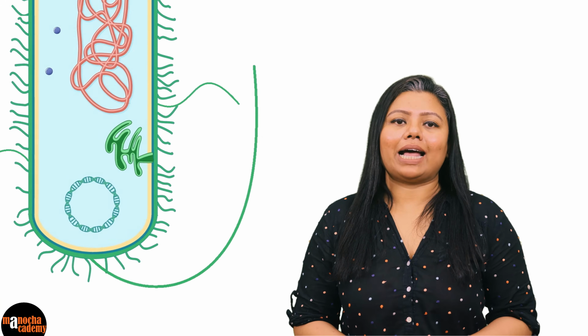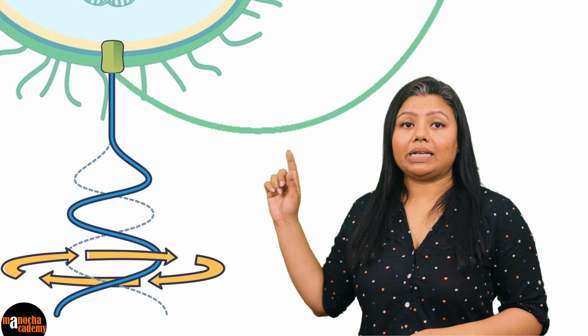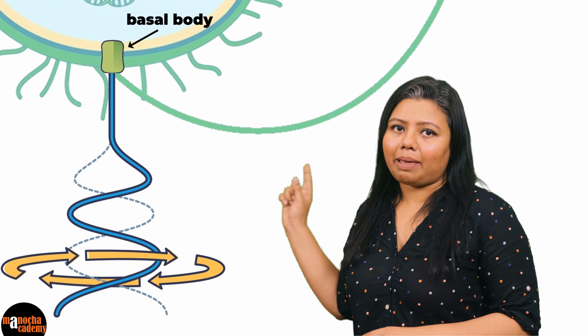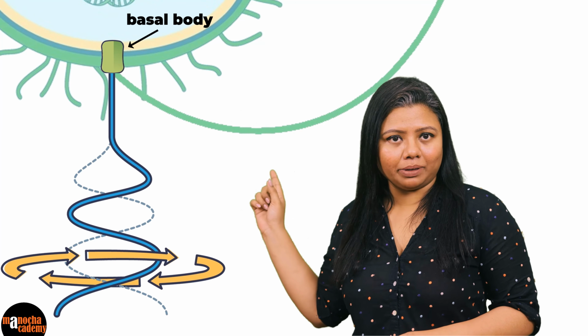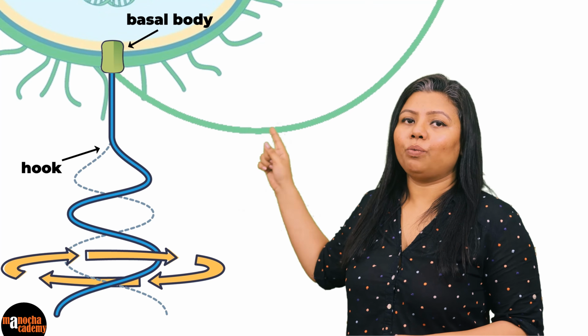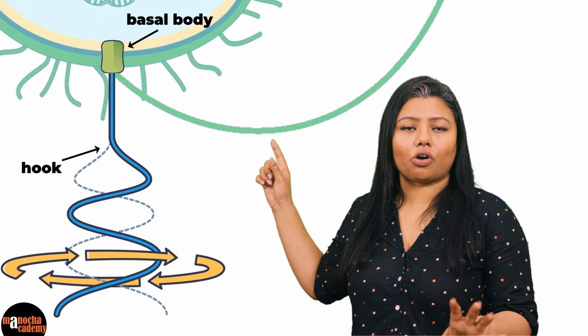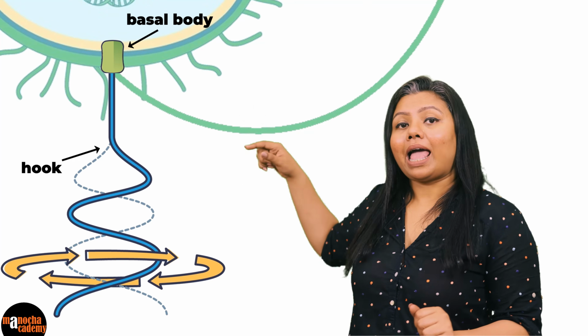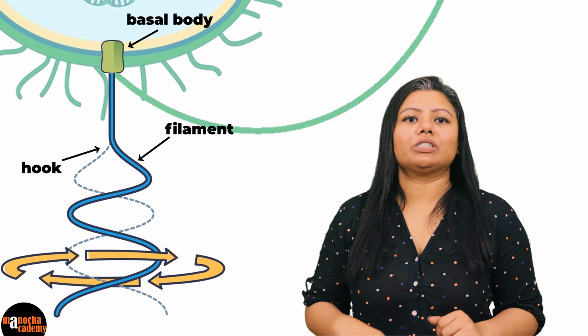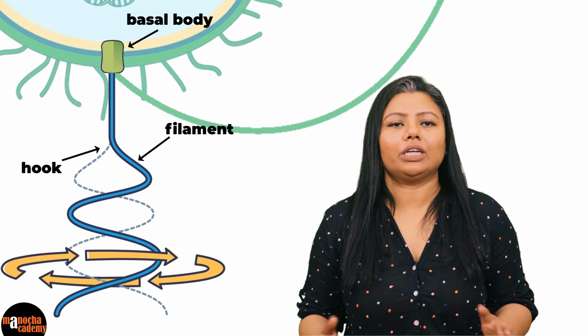This flagella has three regions: the basal body, which remains embedded in the cell envelope; the hook, which is a curved proteinaceous structure and is the thickest part of the flagella; and the flagellar filament, which is made up of proteins flagellin.